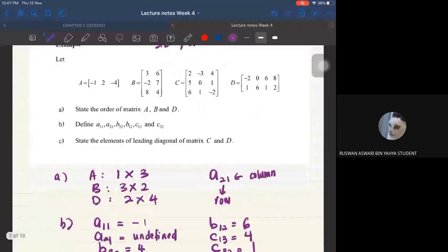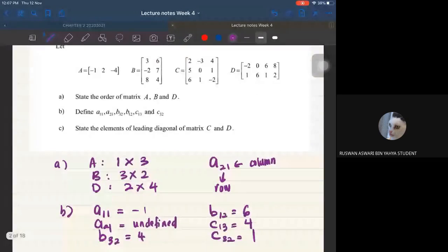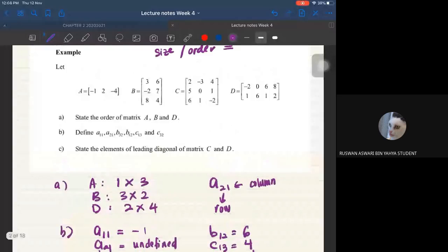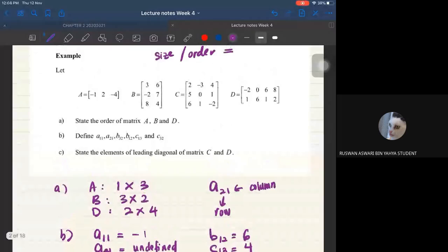Ada siapa-siapa tahu jawapan? We don't have, yes, no. Sebab apa? Sebab size of the matrix ni is not n by n. Okay? If you refer for matrix D, the size of the matrix is 2 by 4. Okay, dia tak sama size. So dia tak ada leading diagonal.